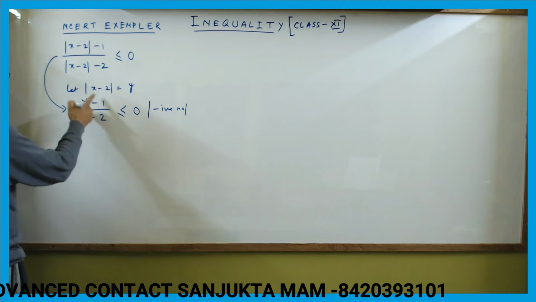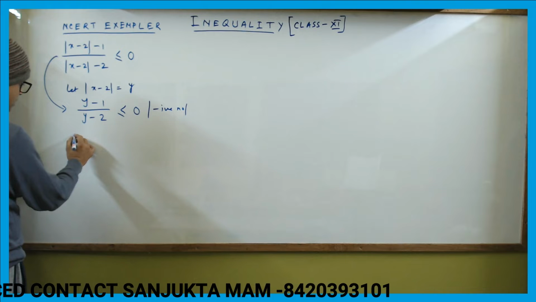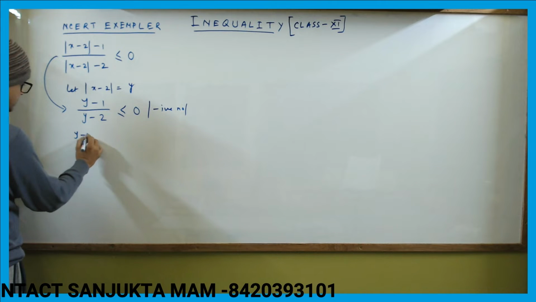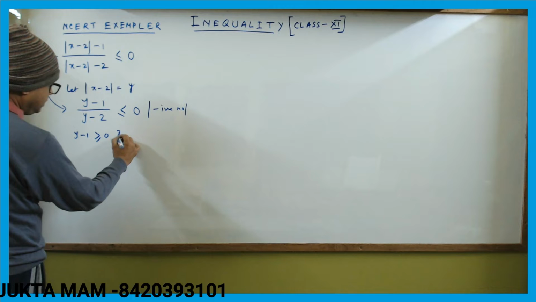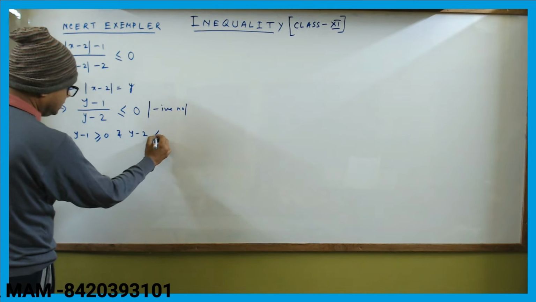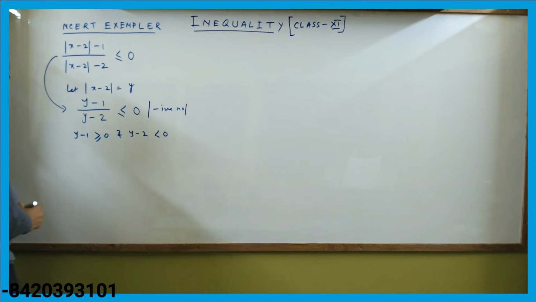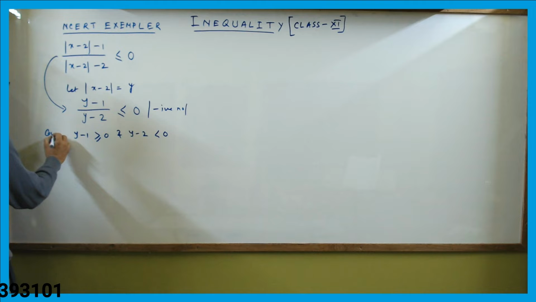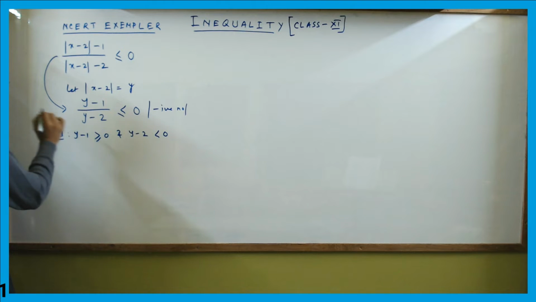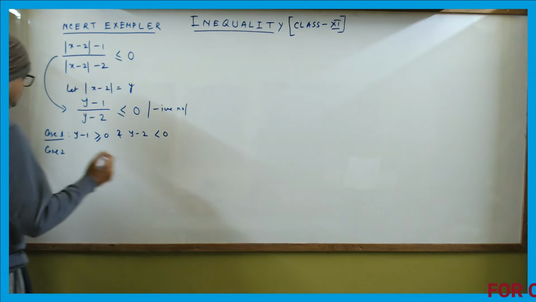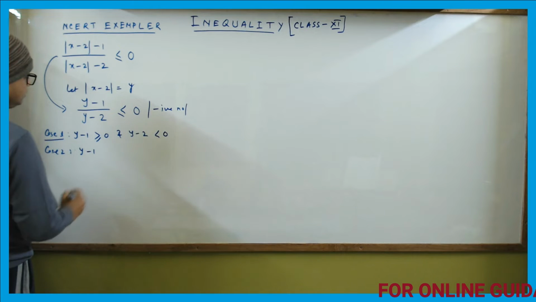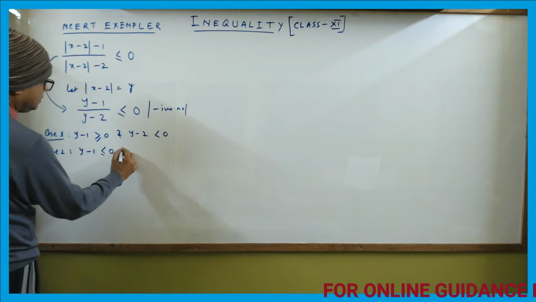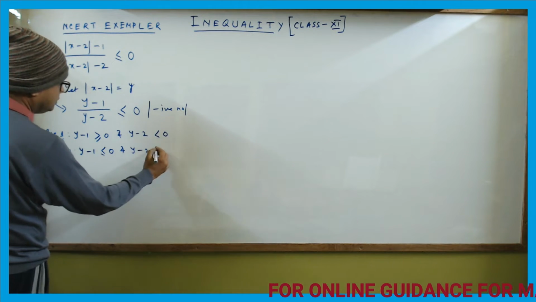So either numerator y minus 1 greater equal to 0 and y minus 2 less than 0. This is case 1. And case 2, y minus 1 less equal to 0 and y minus 2 greater than 0.